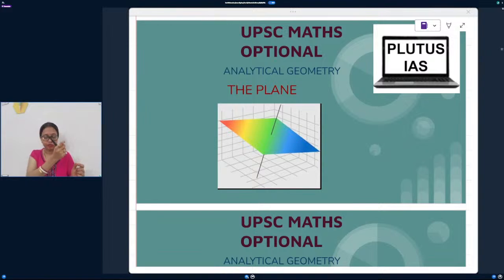If equation of line in 2 dimension is ax plus by equals 0, it will not be ax plus by plus cz plus d equals 0 in 3 dimension. That actually represents a plane. Okay, so I think that point we are clear with, है ना?